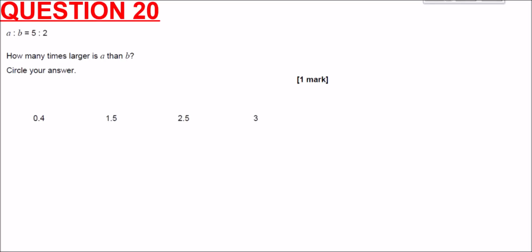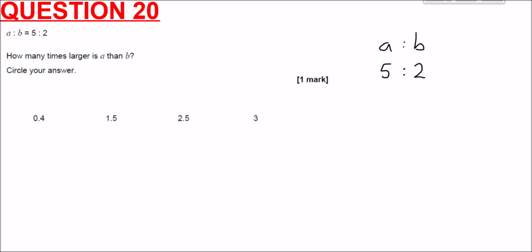Question 20, we've got a to b is in the ratio of 5 to 2. How many times larger is a than b? So how many times larger is 5 as compared to 2? So here these numbers are slightly awkward.